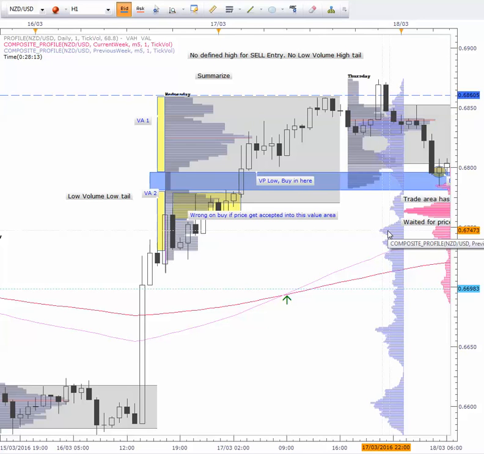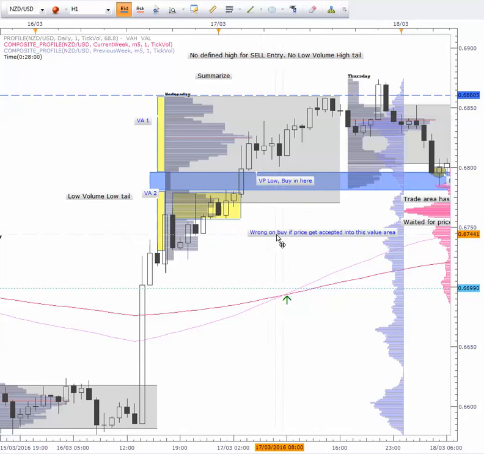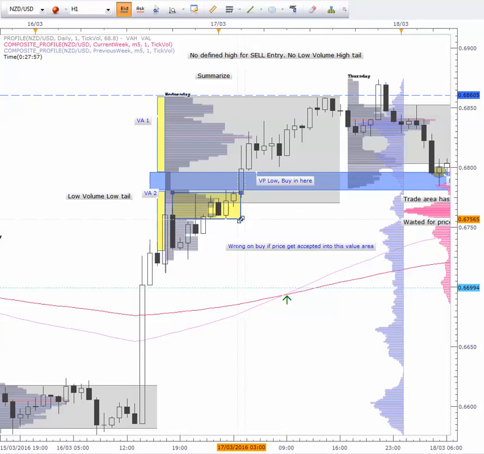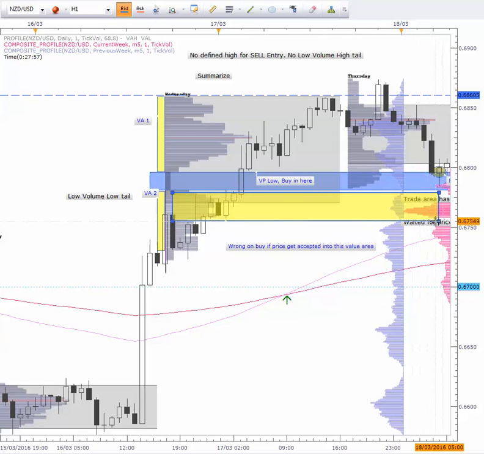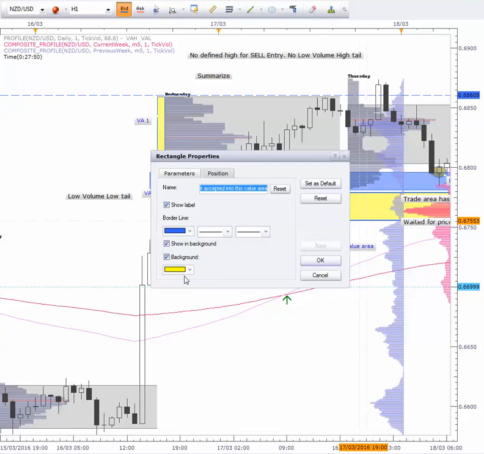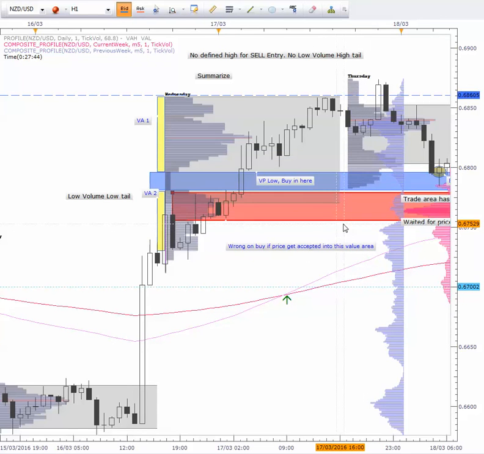A target is where I want to take my profits, and a stop is where I need to say I'm wrong. This is not going to hold, and that would be in here. So my stop is now going to be inside of here, and I'm going to make it red. This is where I do not want to continue to be in this trade.